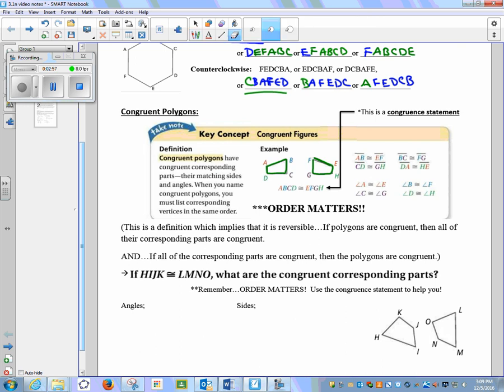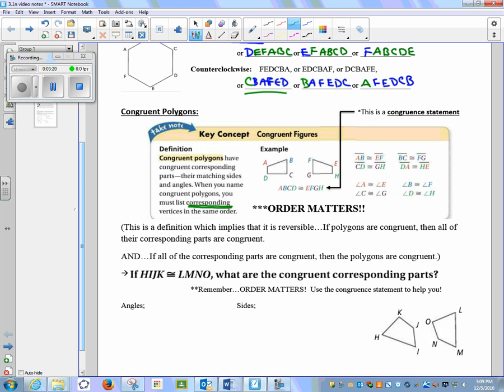That means the length of each side is the same as the length of a corresponding side on the other polygon. This is a word we're going to be using a lot with congruent polygons, this word corresponding. In other words, the part that matches up to whatever given part.